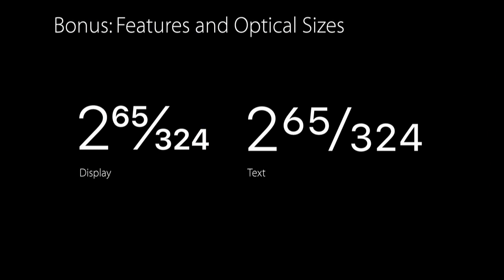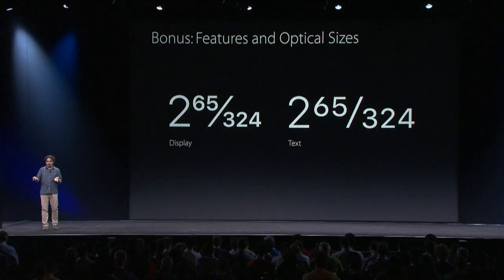But if you're in text fonts, you really want the other shape, because imagine that would be set at 12 points. The fraction would be probably 6 points, right? So we actually design them differently and space them further apart. And we do this for a whole host of glyphs in our San Francisco fonts. So we make them different between text and display on purpose to make them either be more beautiful or more legible.